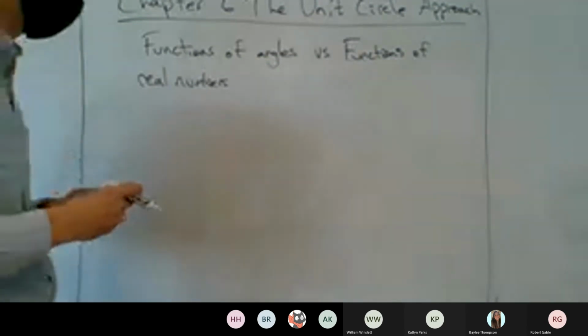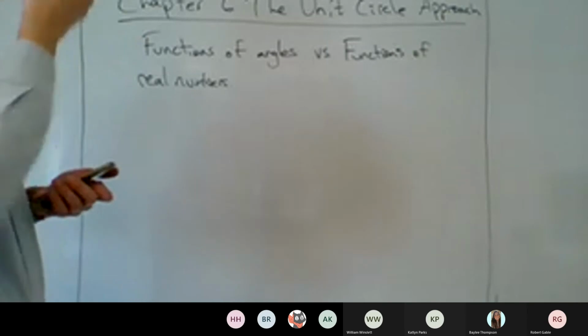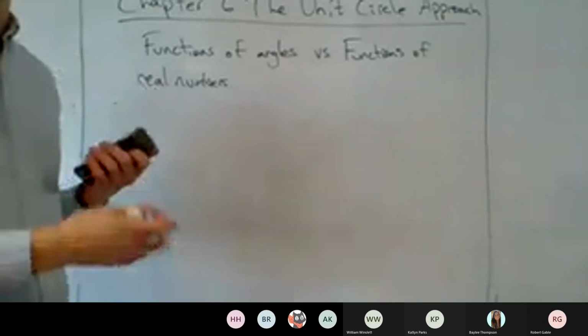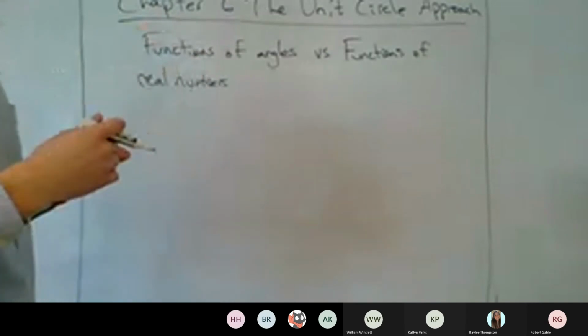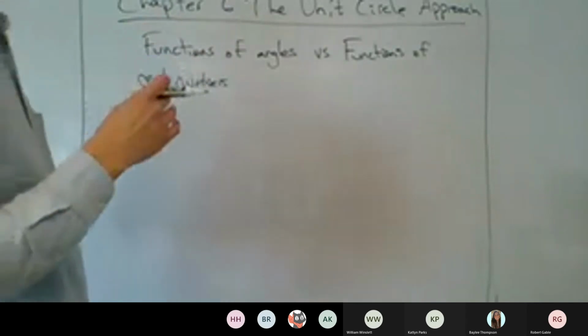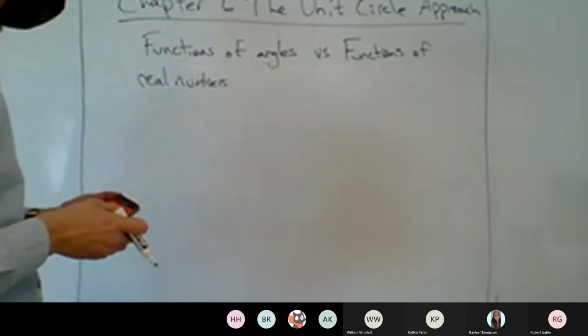Okay, so instead of thinking of these trig functions as just functions of angles that output ratios of a side of a right triangle, we're expanding the idea to functions of real numbers. And why does that matter?